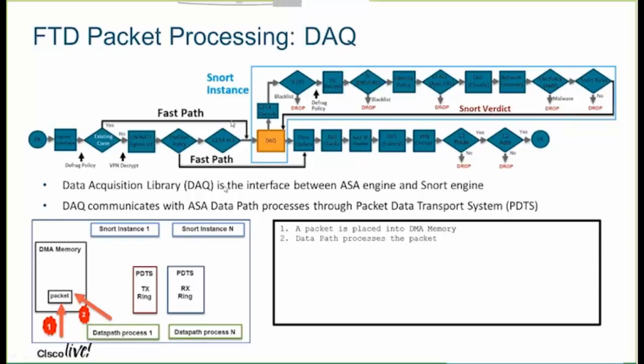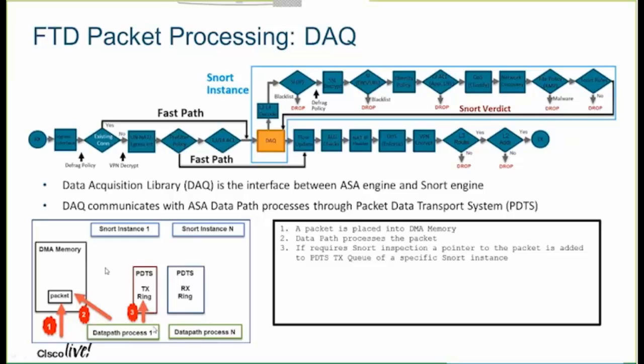So this is up till UNAT, pre-filter, L3, L4, ACL. This is what the data path process takes care of. We start processing the packet here, and depending on the L4 action that you have, if your pre-filter action is set to fast path, we would not be placing this here.